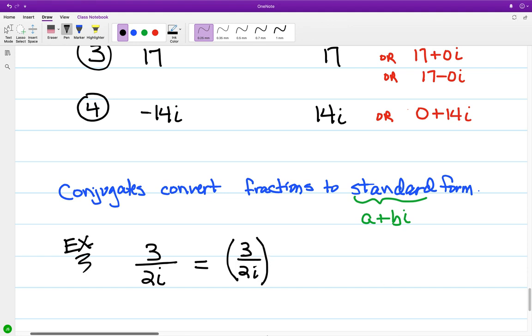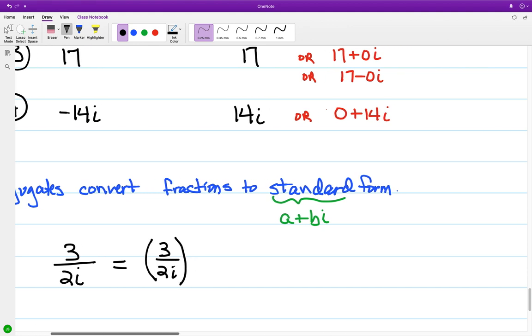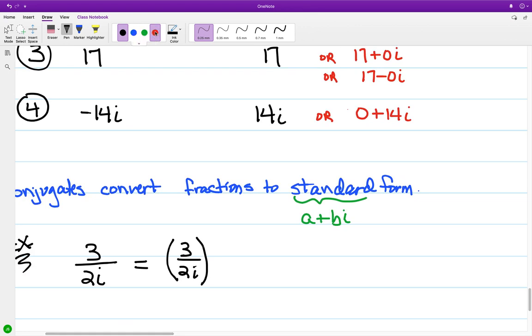and you're going to multiply the ratio by 1 in the form of the conjugate divided by itself. And for what we have here, we have 3 times negative 2i, it's going to be negative 6i. 2 times negative 2 is negative 4. Now we have i squared.